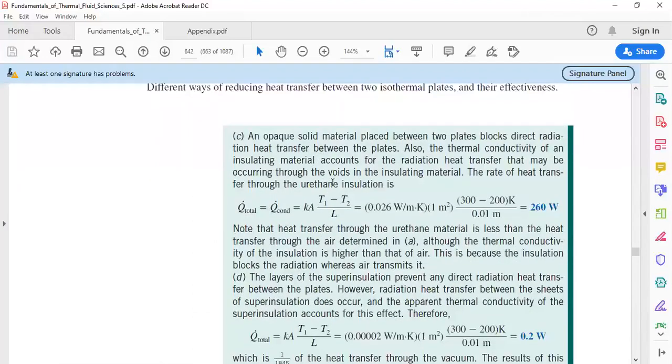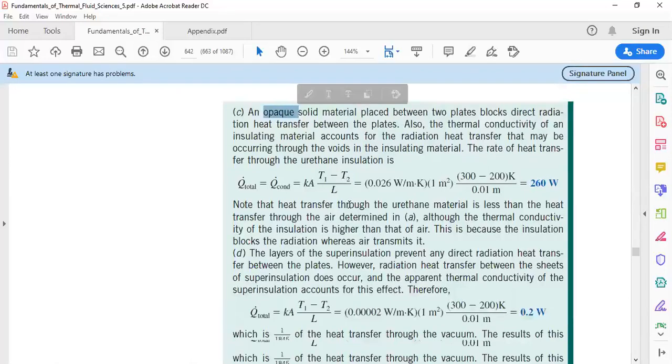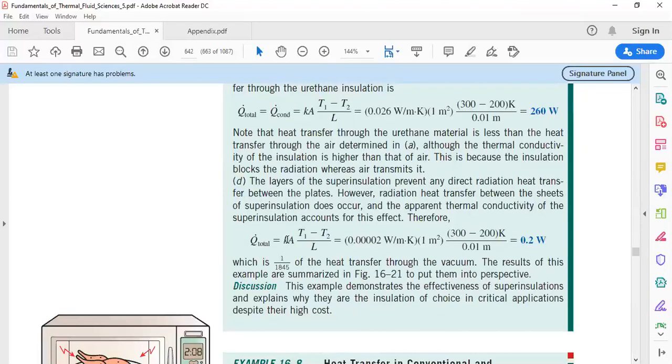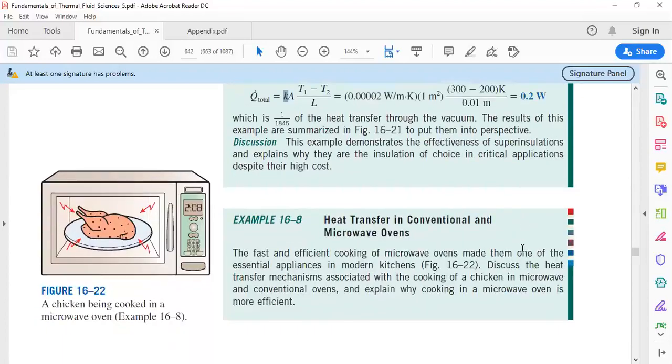C, if it's urethane insulation material, there's no radiation, no convection, and it's only conduction. No radiation because it's an opaque solid material and it will not allow radiation to occur. Similarly for D, but now the thermal conductivity is much less, so we can see the heat rate reduced substantially to 0.2 watts.